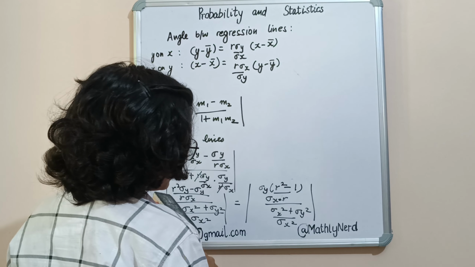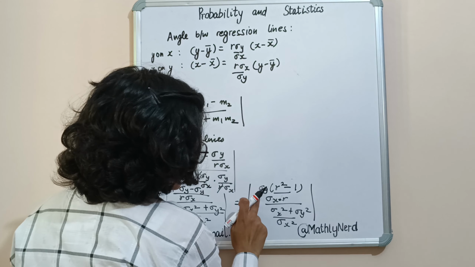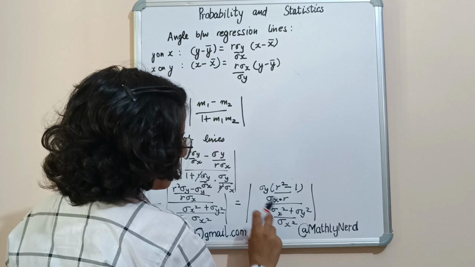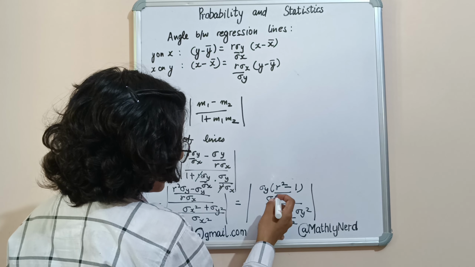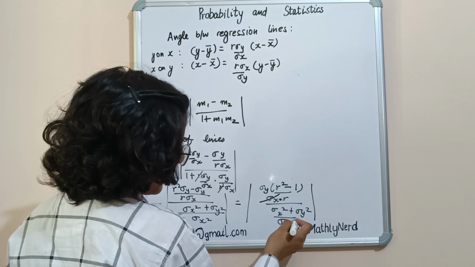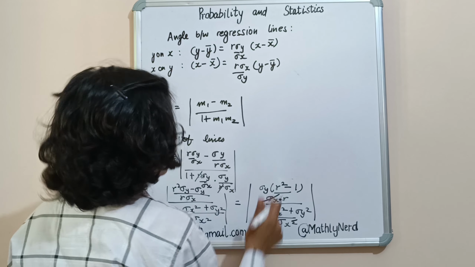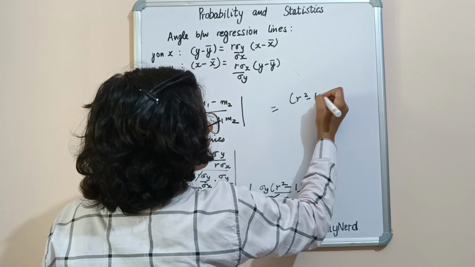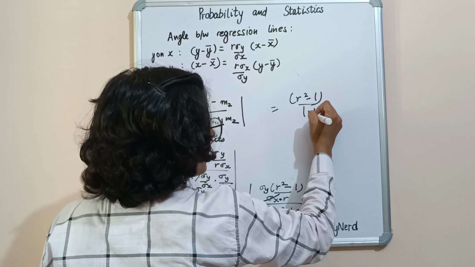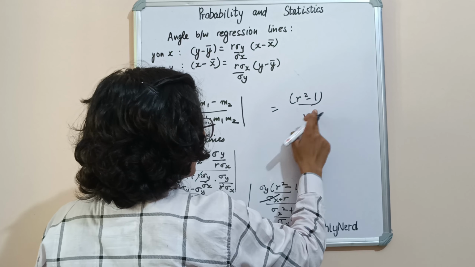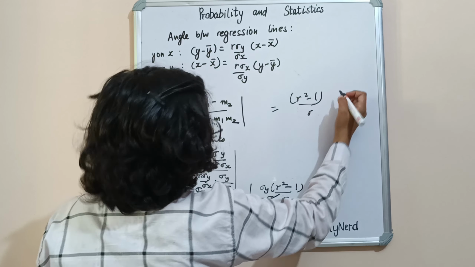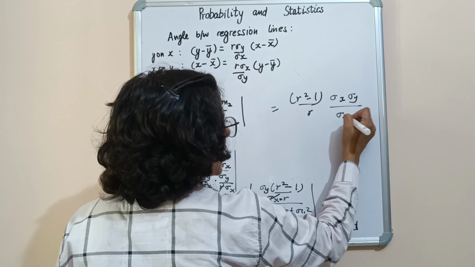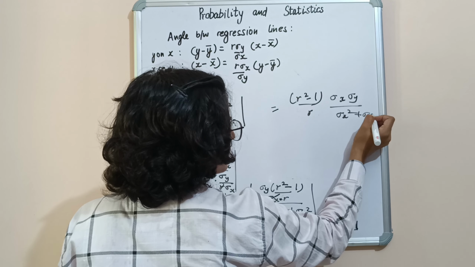Sigma y and sigma x square, they both are in the numerator, so we will just cancel out sigma x. So this will be the modulus of r square minus 1 by r into sigma x sigma y by sigma x square plus sigma y square.